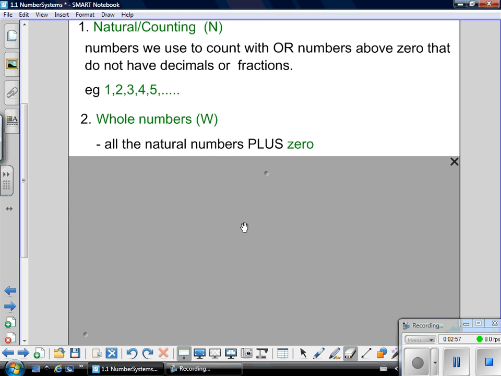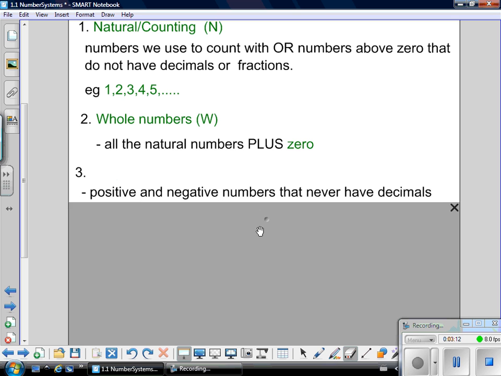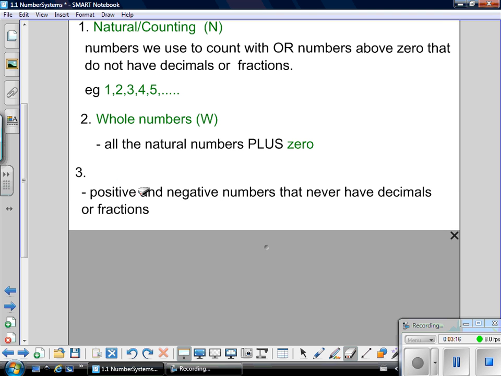Okay, so it's a little bit different because how do you count 0? You can't really count 0, so that's why it's not really a counting number. And I'm not going to do examples because it would be exactly the same as above, except we would have 0 as well.